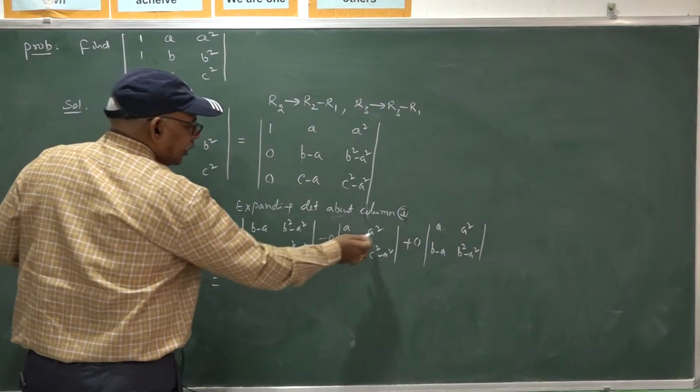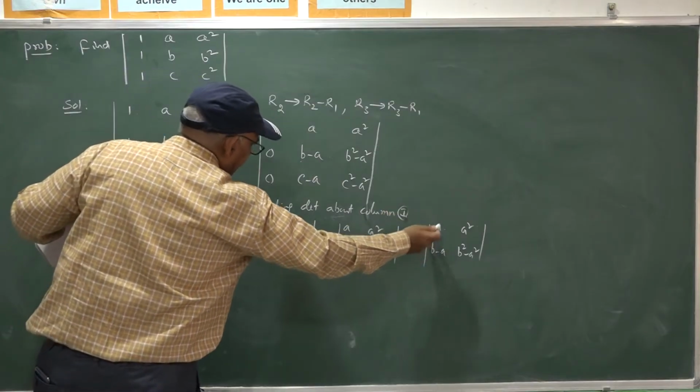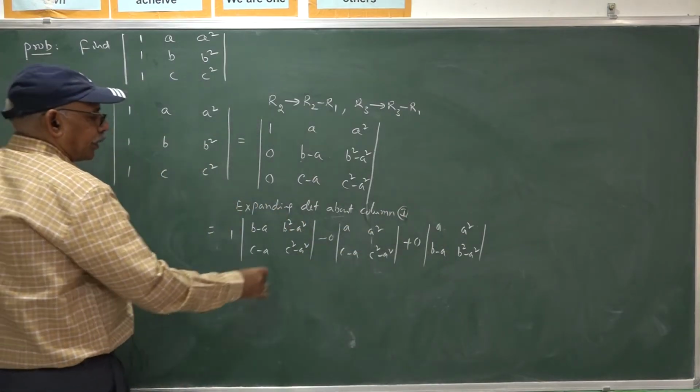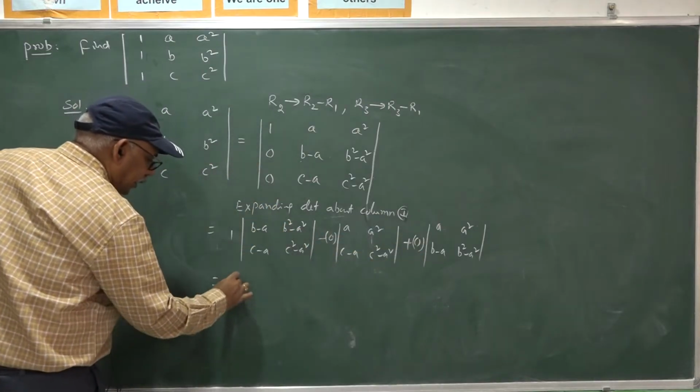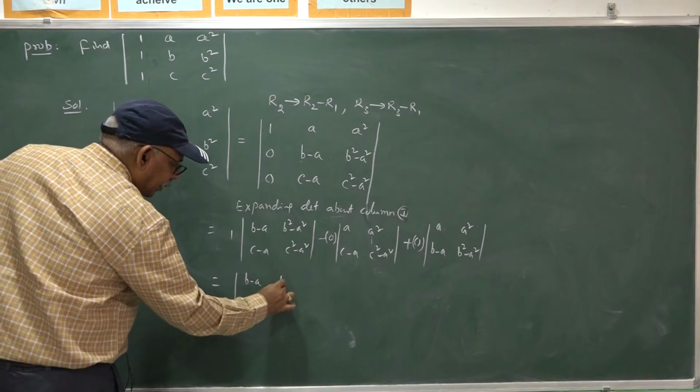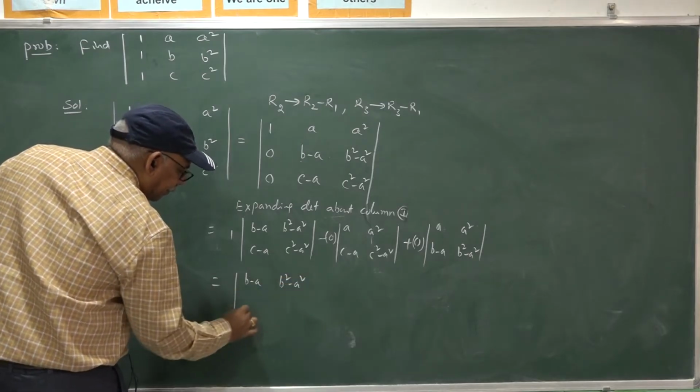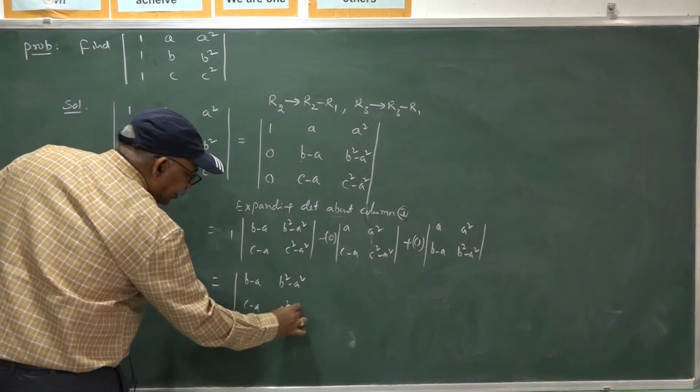Since 0 into the determinant gives us 0, we get only B minus A, B square minus A square, C minus A, C square minus A square.